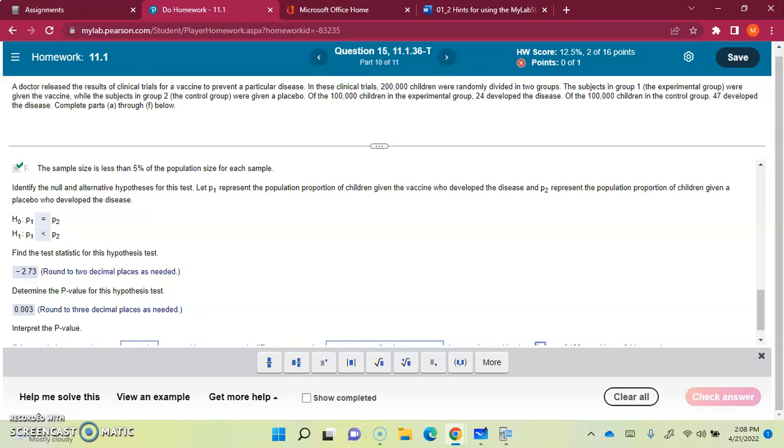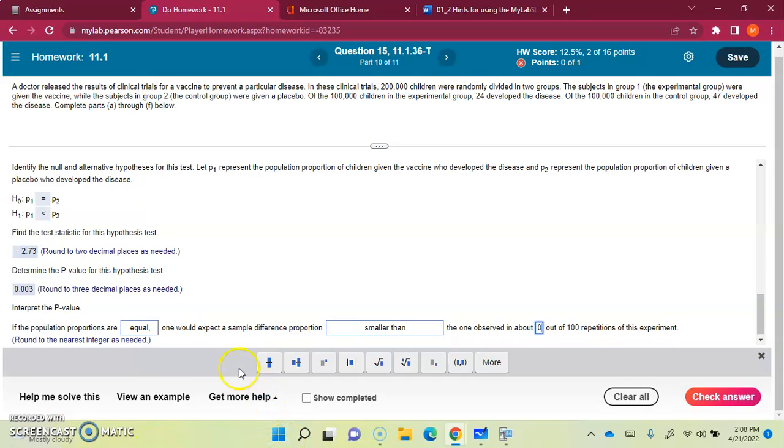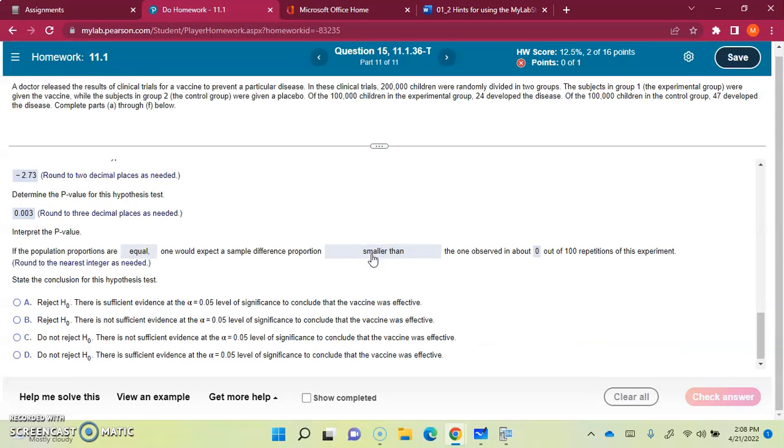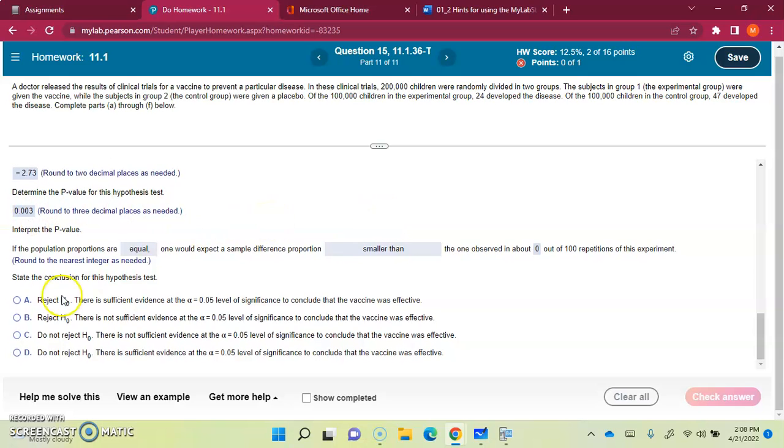Let's check. That is the correct answer, because the p value's definition is: when the null hypothesis is true, that means when they're equal, what is the probability of them going to the extreme? Extreme is the alternate one, right? So smaller than, because p1 is less than p2, and that is a very small chance. That's why we are rejecting the null hypothesis.